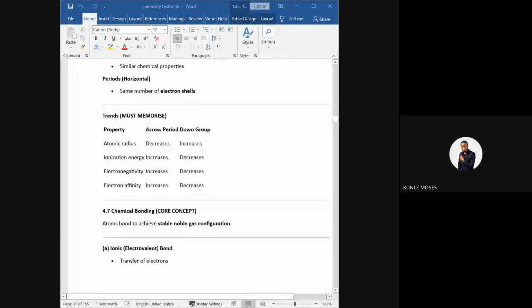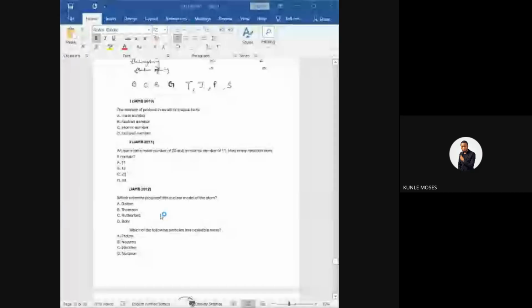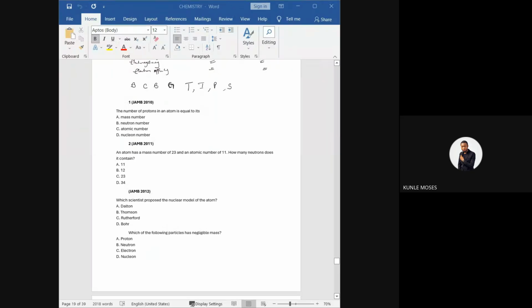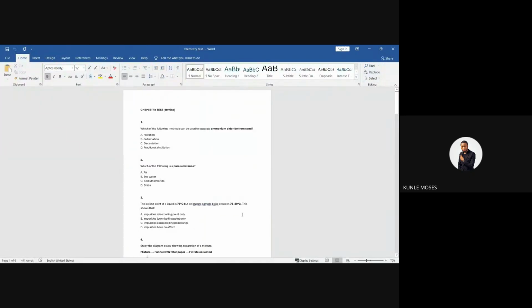My screen is not sharing. Okay, we have 9 students.